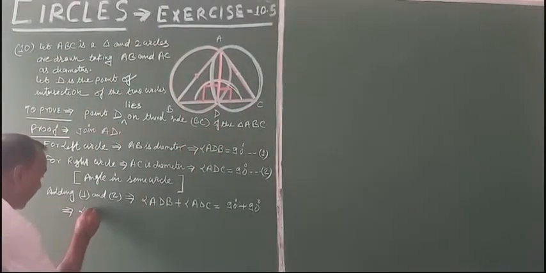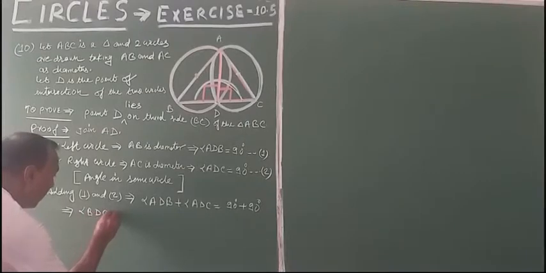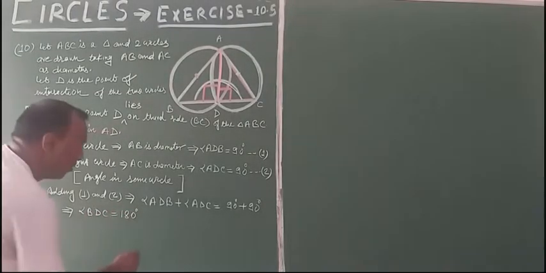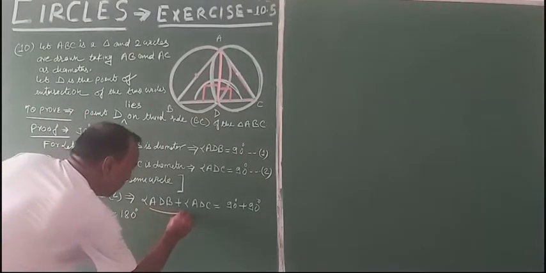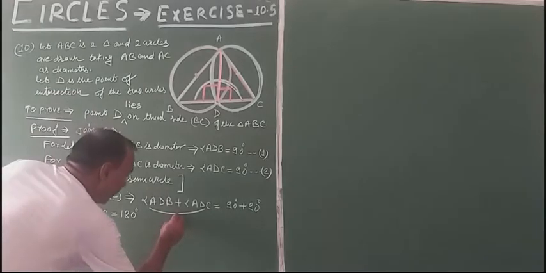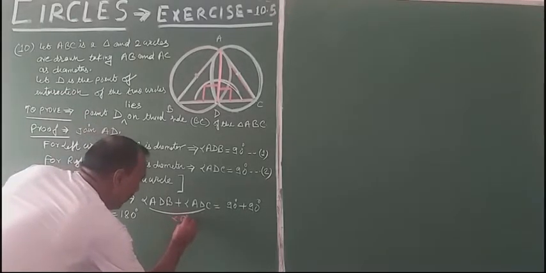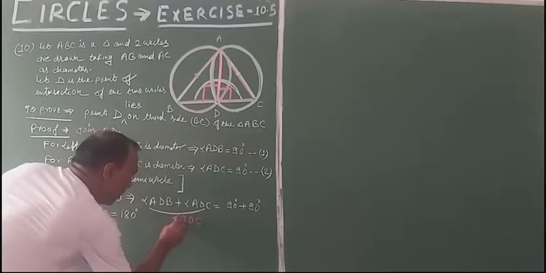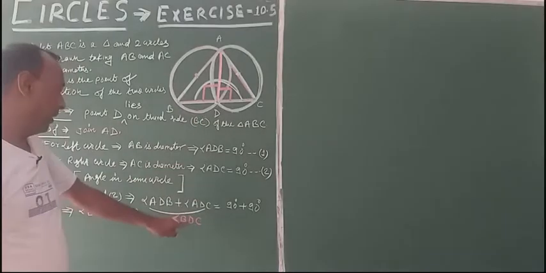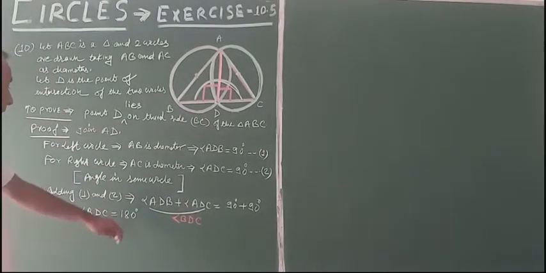It will imply that angle BDC is 180 degrees. The sum of these two angles, ADB plus ADC, is BDC. Angle BDC is 180 degrees.